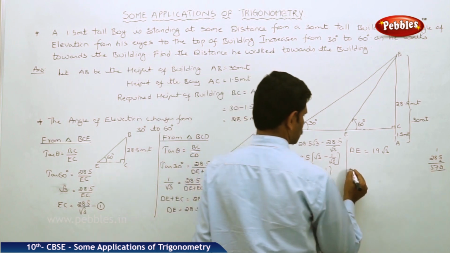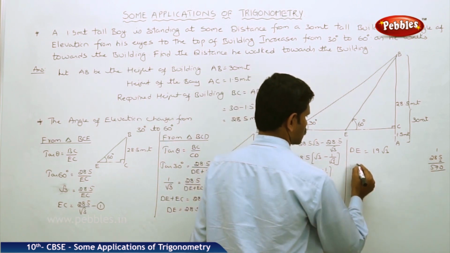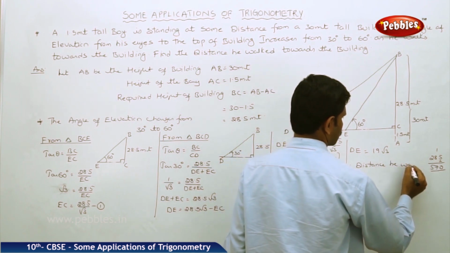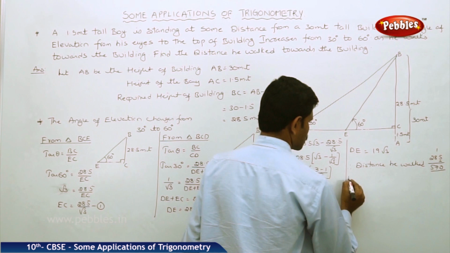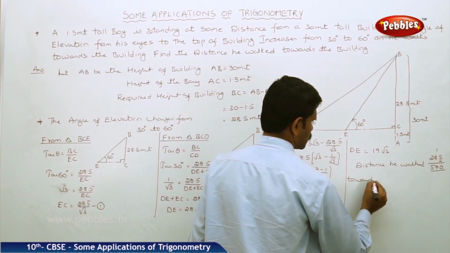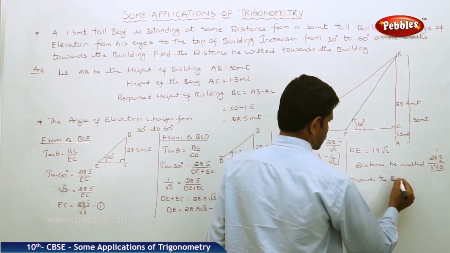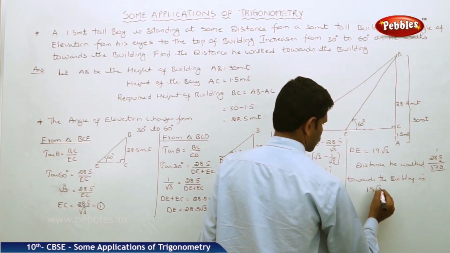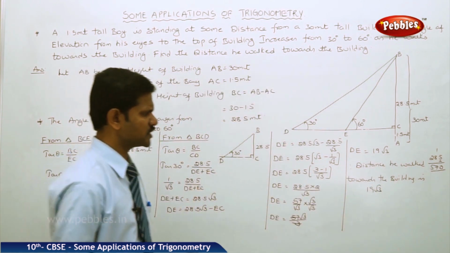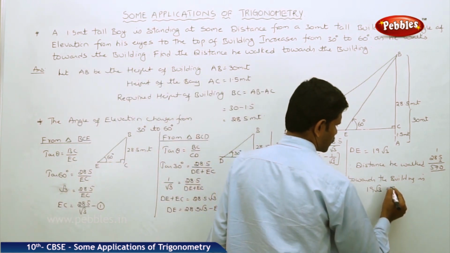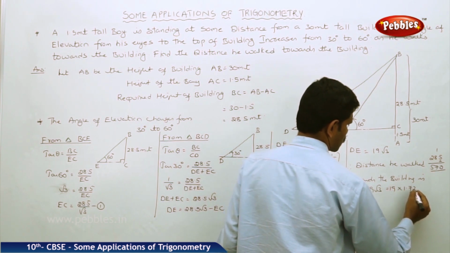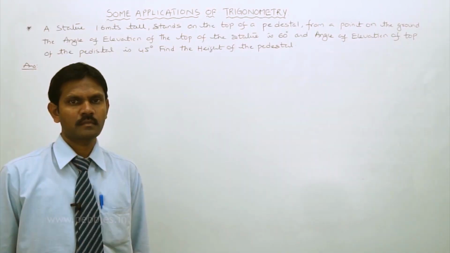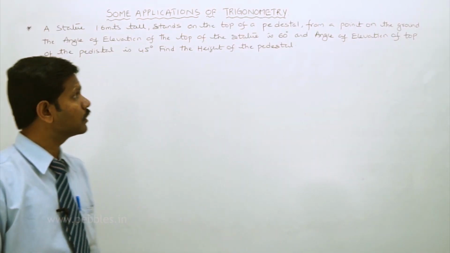Therefore the distance he walked towards the building is 19 root 3. For further simplification, if you want, take 19 into 1.732. If you multiply, you will get the answer in terms of meters. Let us see the next example.